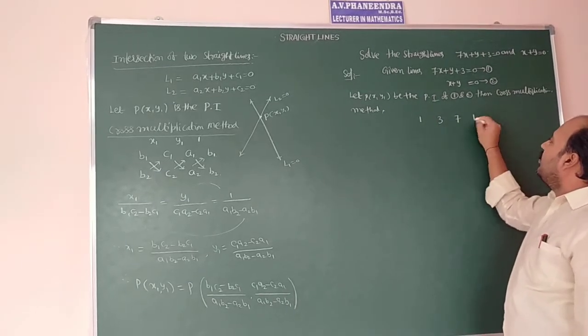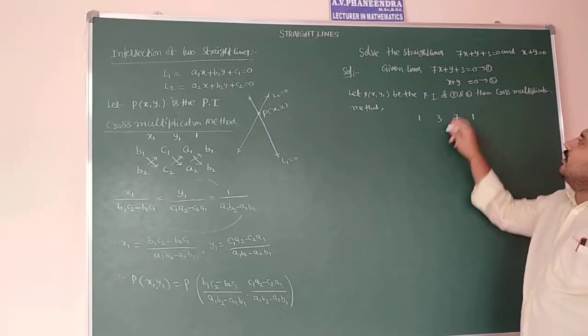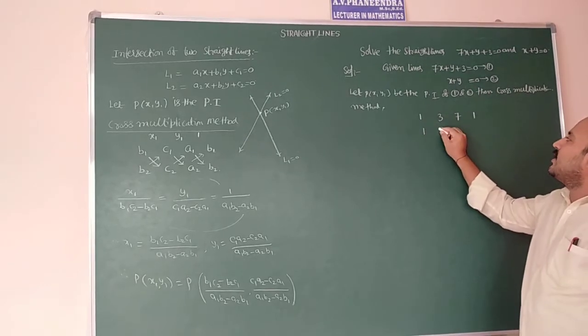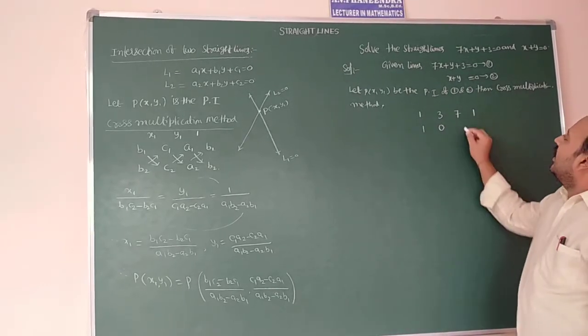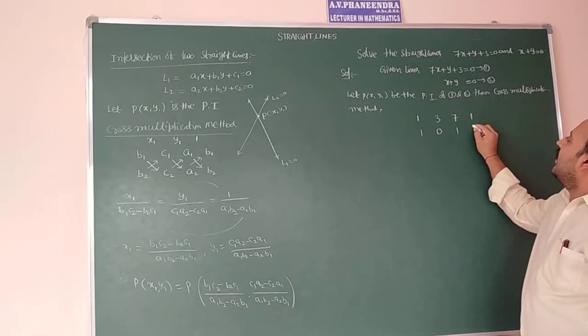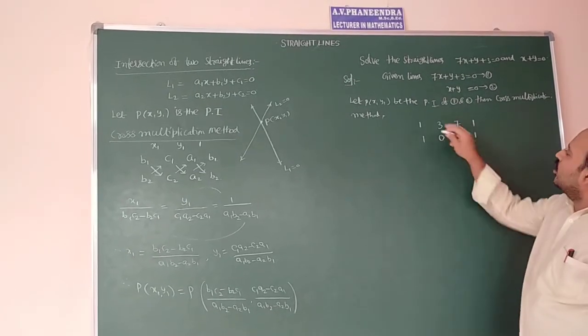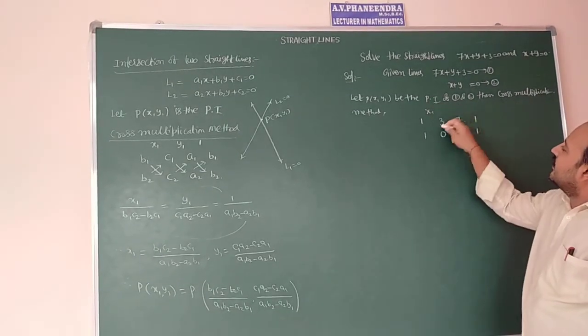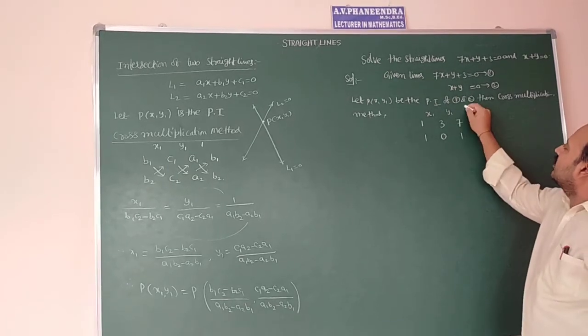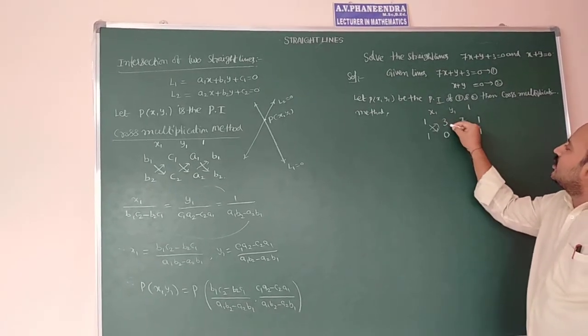Again the y coefficient you have to write. In the second line, the y coefficient is 1, the constant is not there, so put 0, and the x coefficient is 1, again the y coefficient is 1. So in between the first two columns x1, next two columns y1, next two columns 1. The procedure you have to apply.